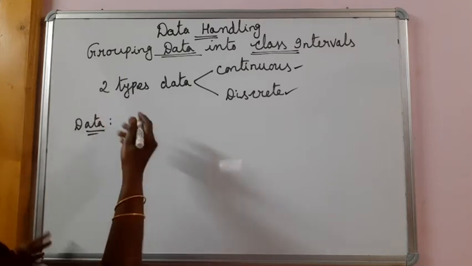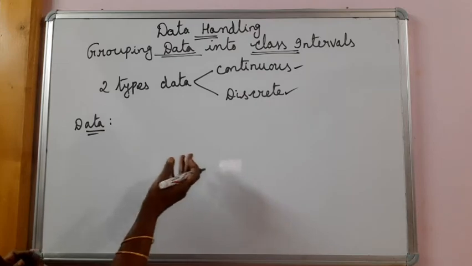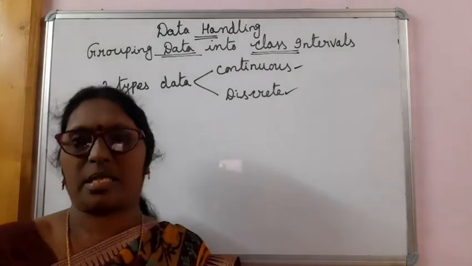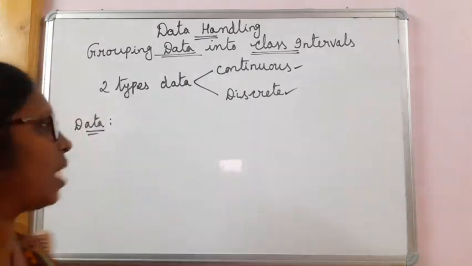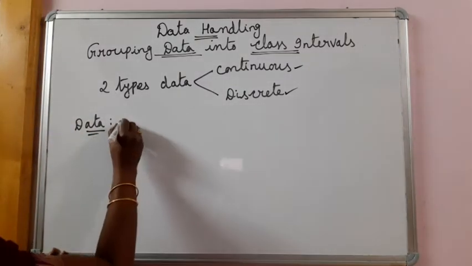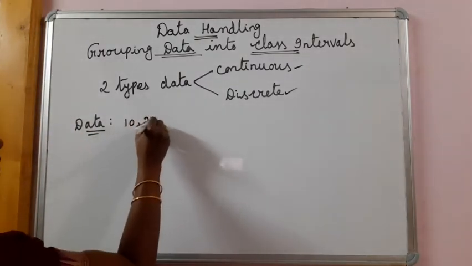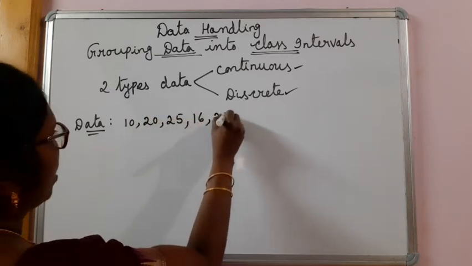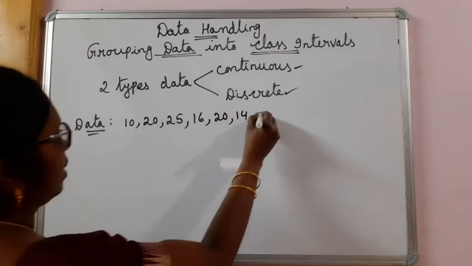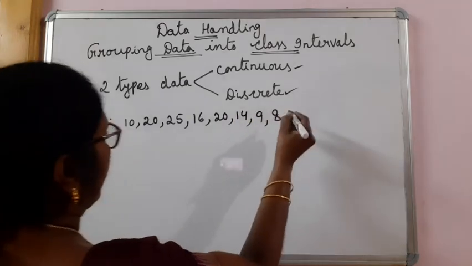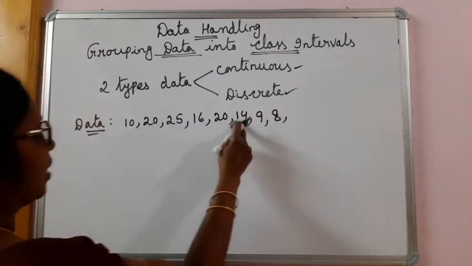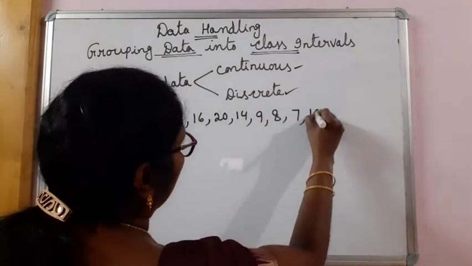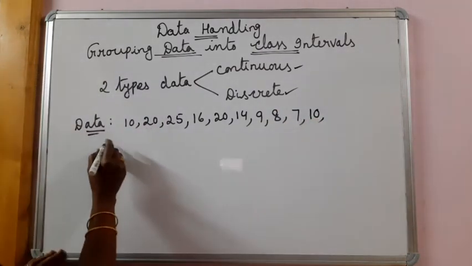Suppose in a class of 20 students, a test is done out of 25 marks. The marks secured by students, let me write: 10, 20, 25, 16, 20, 14, 9, 8, 1, 2, 3, 4, 5, 6, 7, 8, maybe 7, 10, okay?